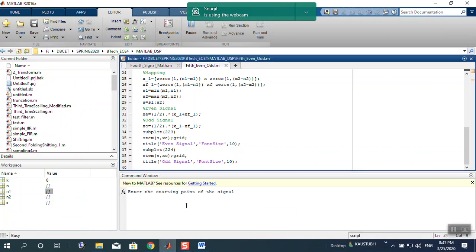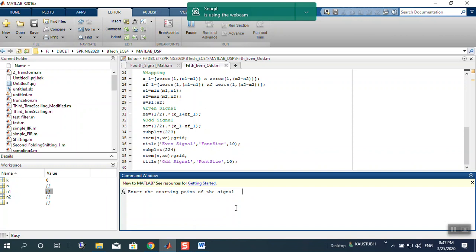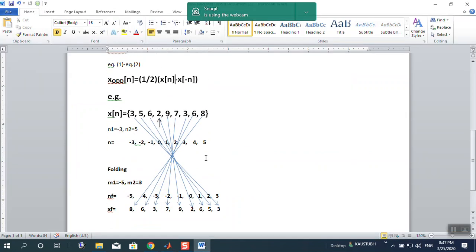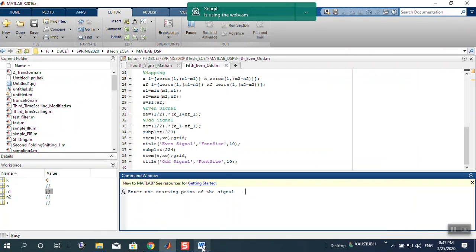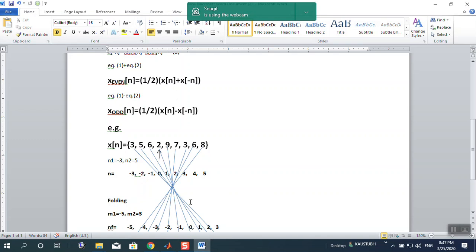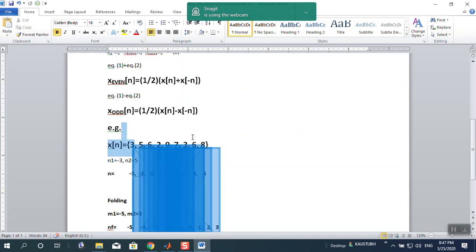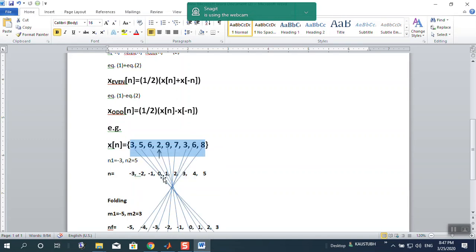I'm running it again. So enter the starting point of the signal. Let us take this same example. So my starting point of the signal was minus 3. So minus 3, enter the signal values. While giving the vectors, you have to put them in square brackets. So these are my values.